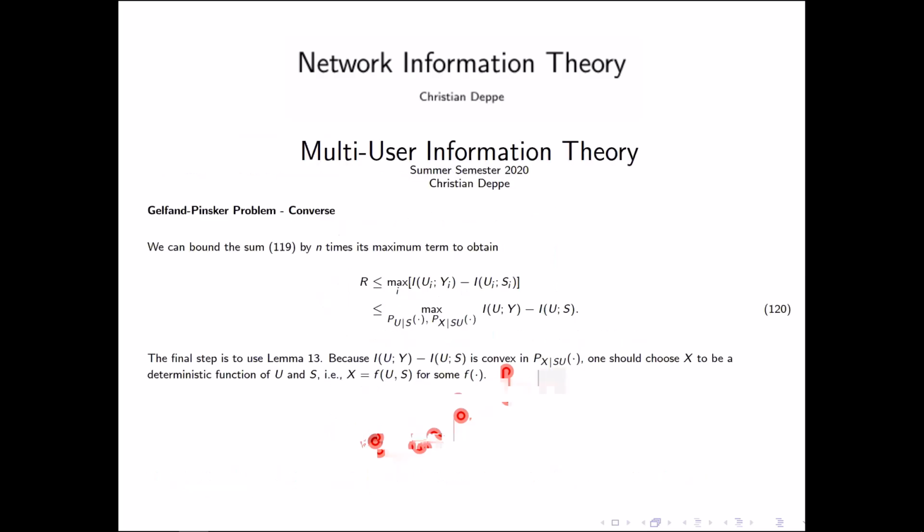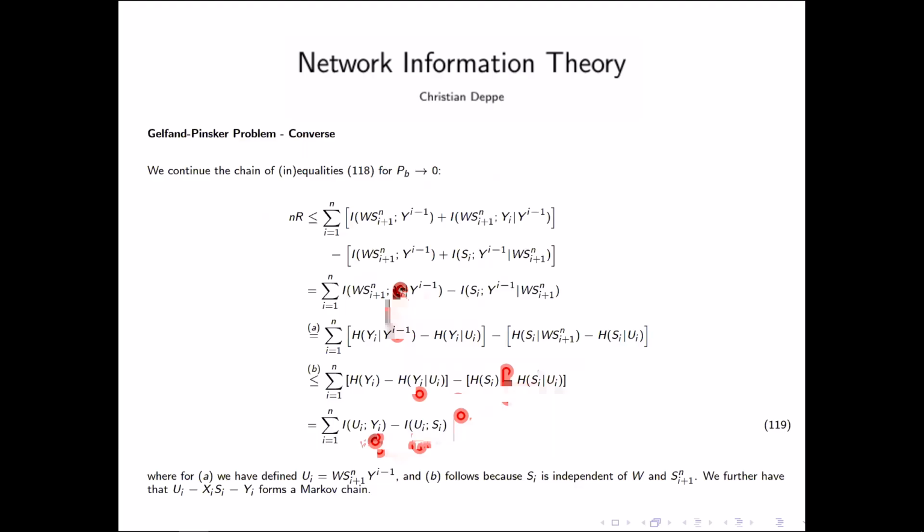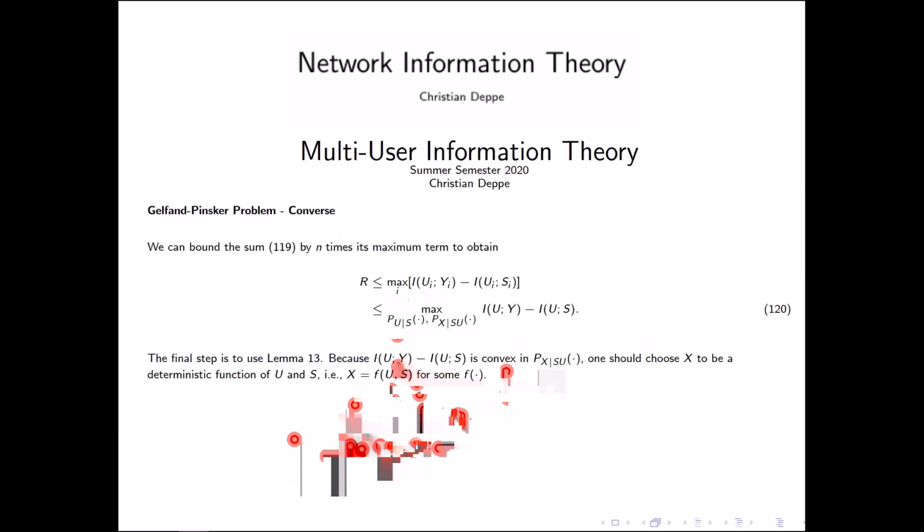Then we can bound the sum by n times its maximum term, so we know that n times R is less or equal than this sum for i equal 1 to n, and now we just take the maximum over all i's.